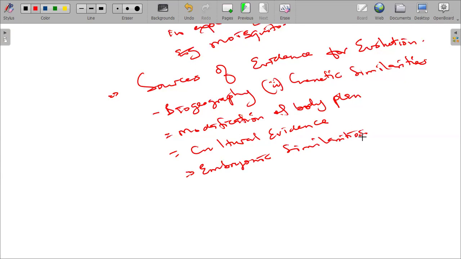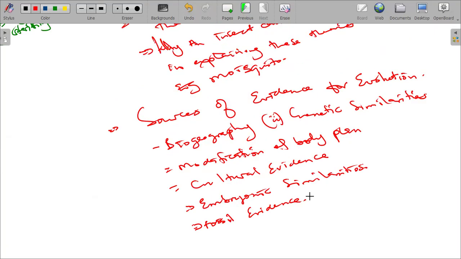They are good examples in terms of explanation of sources of evidence. Cultural, we are talking about the way life goes on, and not to forget the biggest one, fossil evidence. It must be explained. How are these working in terms of explanation of evolution?